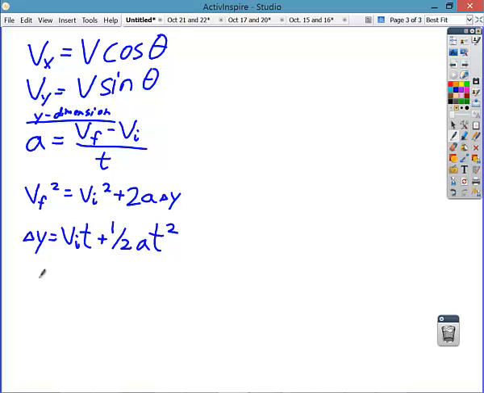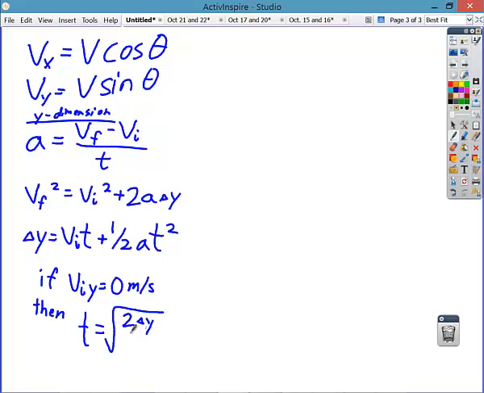For this equation, if your initial velocity in the y direction is equal to 0, then time will be equal to the square root of 2 delta y over a.